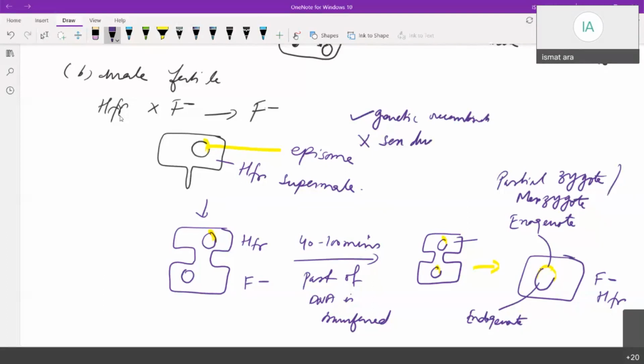So two types of possibilities are there during conjugation: partial zygote or merozygote. Okay. Clear with conjugation, students?